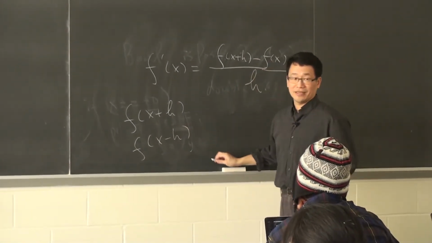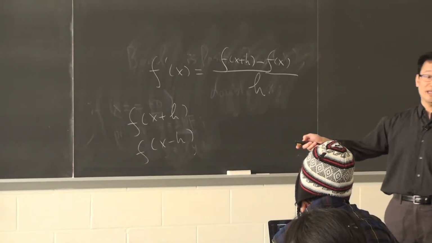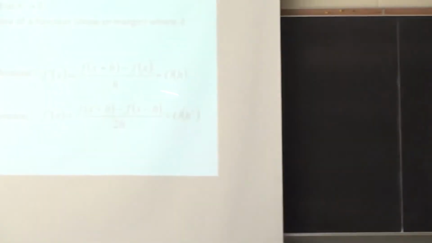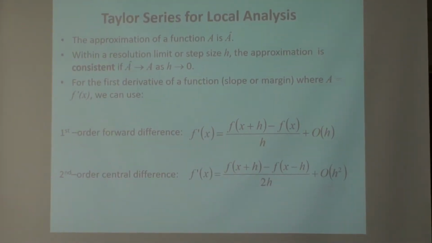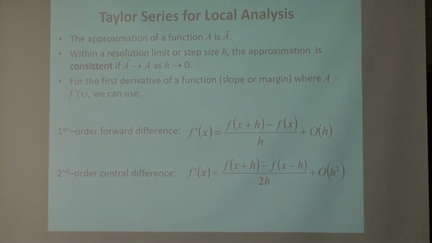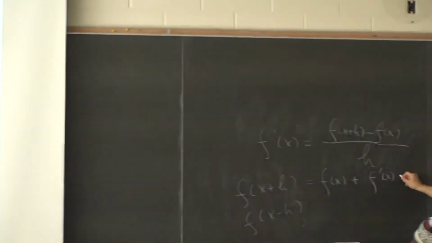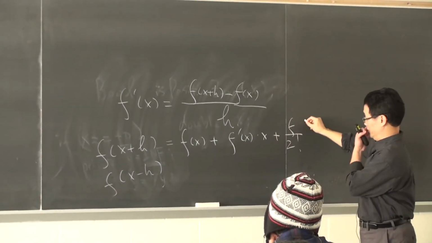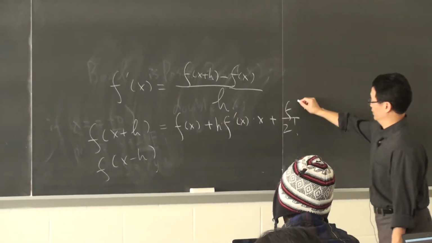Write down their Taylor expansions, and you will know that you can prove this one readily. I hope that this is something you know. If you don't know it, please practice. f(x) is equal to f(x) plus f'(x) times h plus h squared.